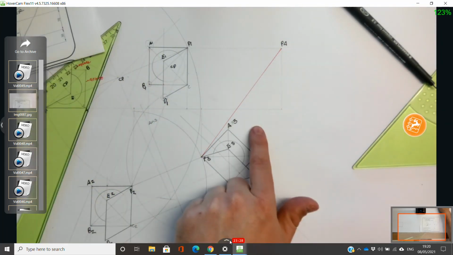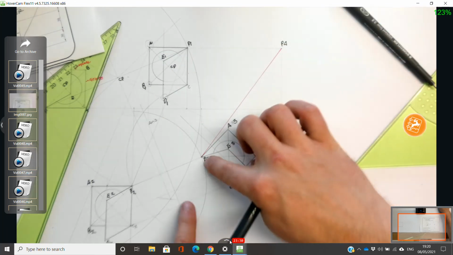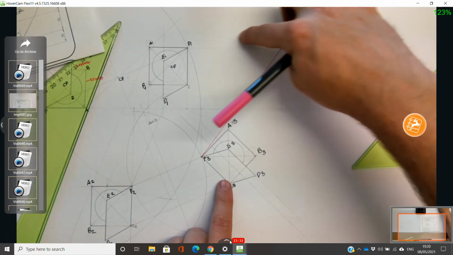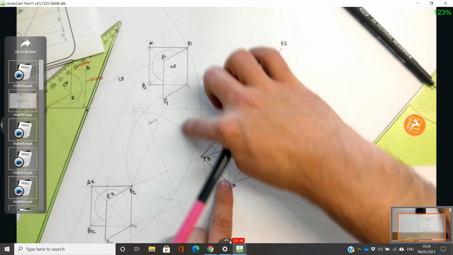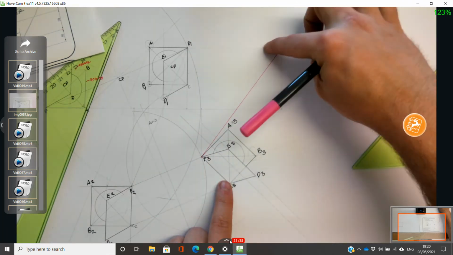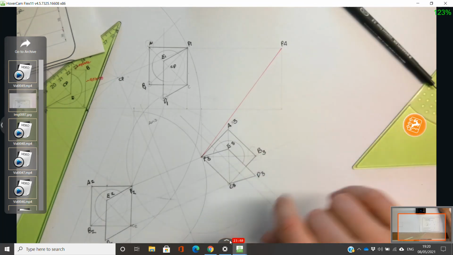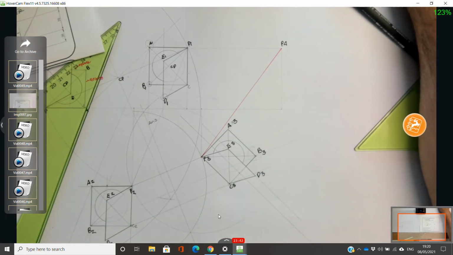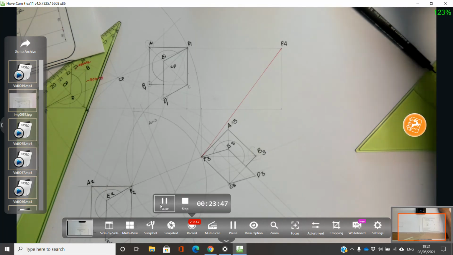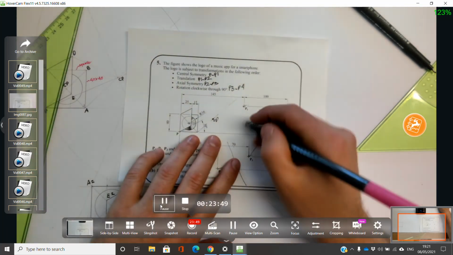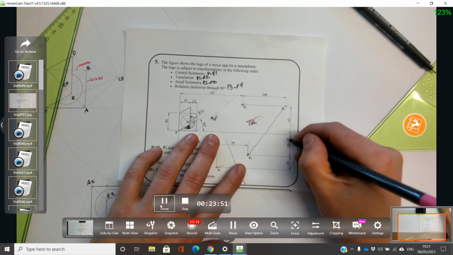That means P3 will be rotating clockwise to P4. So this is where the arc is, so the center point should be there. On my little sketch earlier I put it the wrong way. Center point should be here.